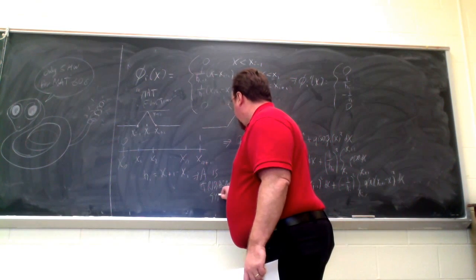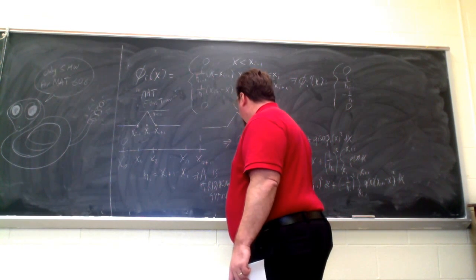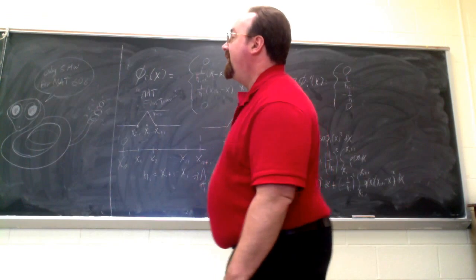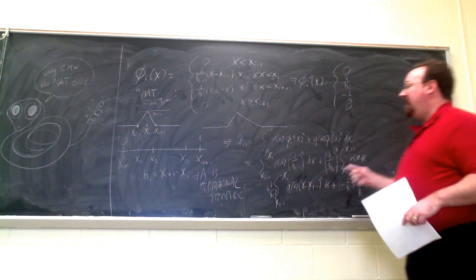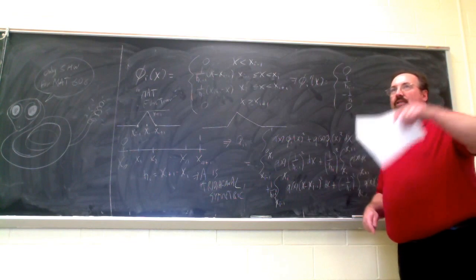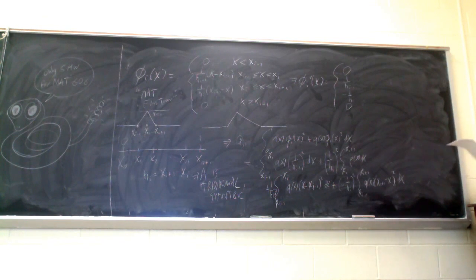Also, it is symmetric. Because notice, in the definition of A_ij, if I switch i and j, it's the same thing, because you have phi_i prime, phi_j prime, or phi_i, phi_j. So you only have to compute the diagonal entries, and then the subdiagonal entries, which are also the superdiagonal entries.